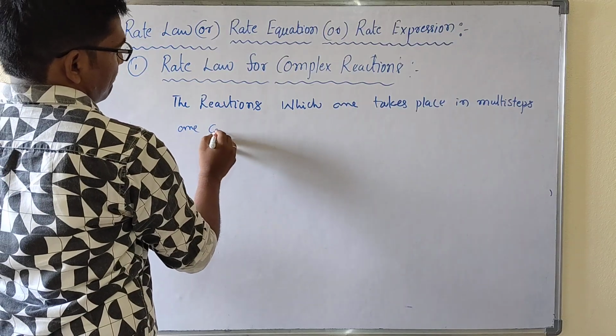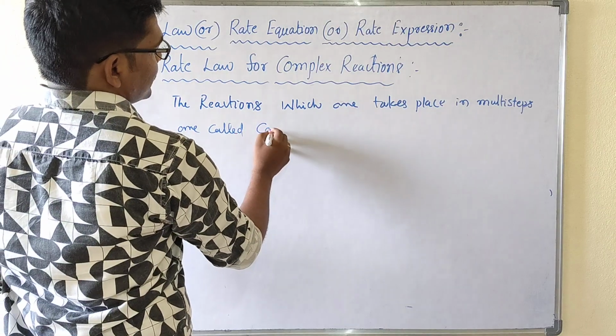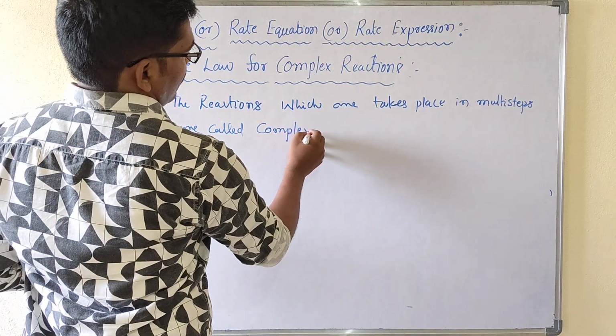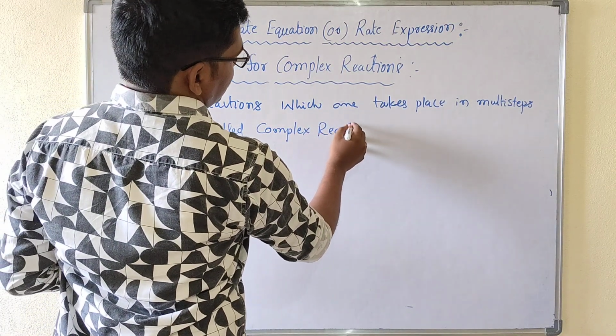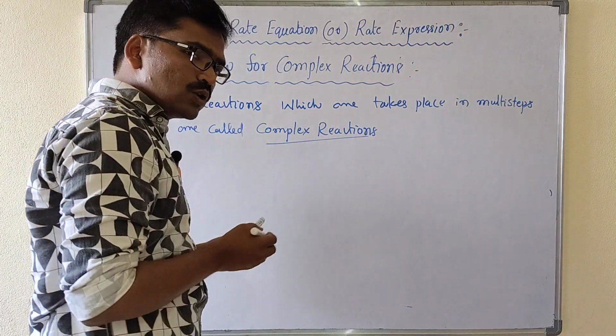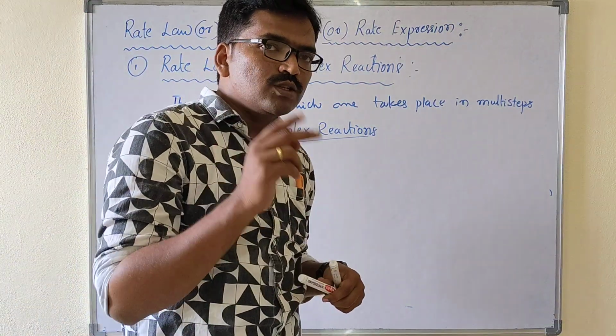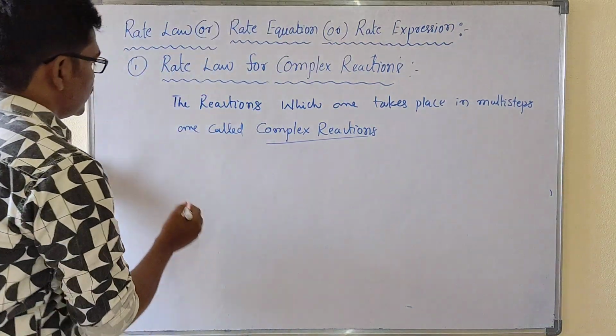They are called complex reactions. ఈ కాంప్లెక్స్ రియాక్షన్స్ కి జనరల్ గా మనం 2 కేసెస్ లో రేట్ ఆఫ్ రియాక్షన్ ని ఎక్స్ప్రెస్ చేయొచ్చు.